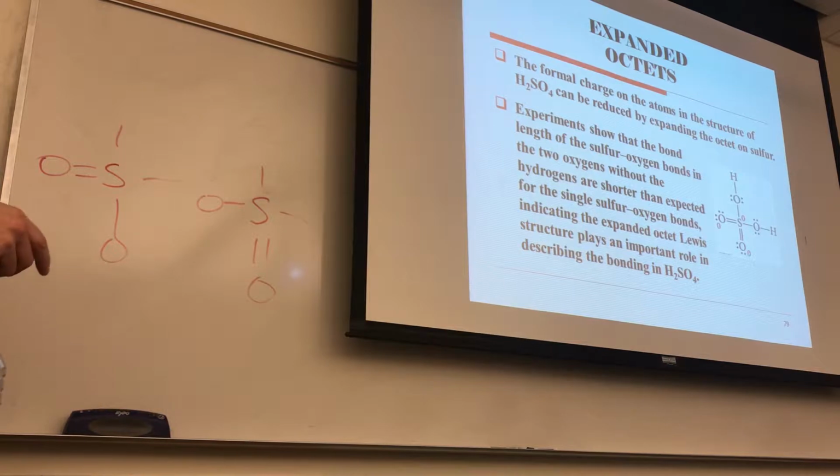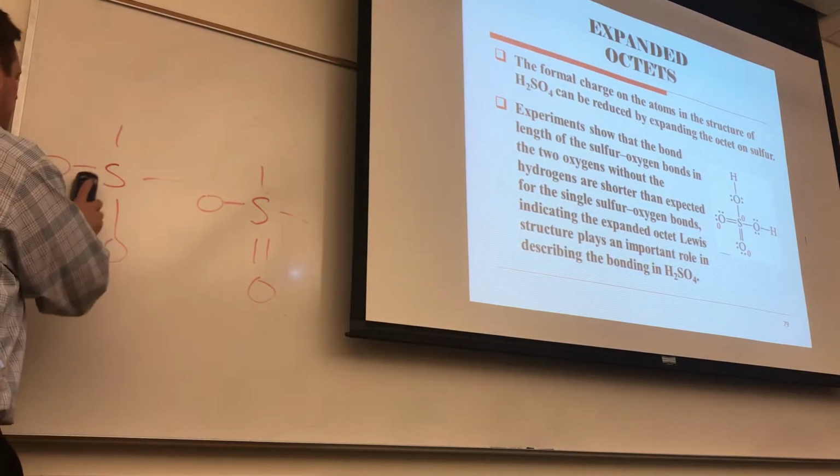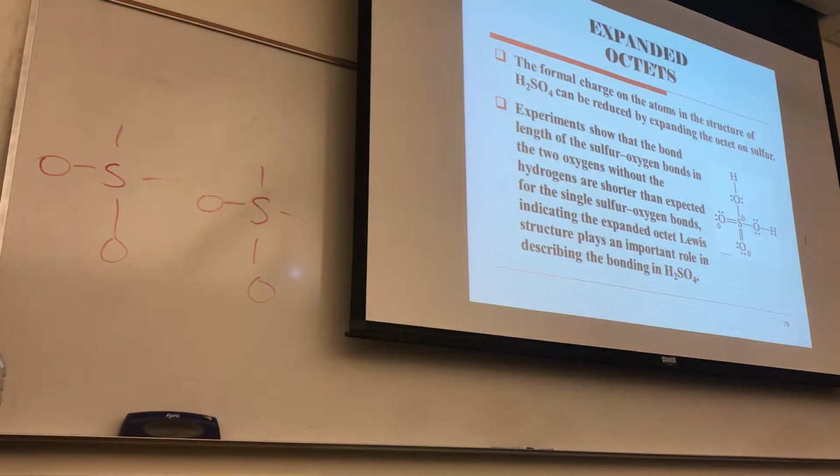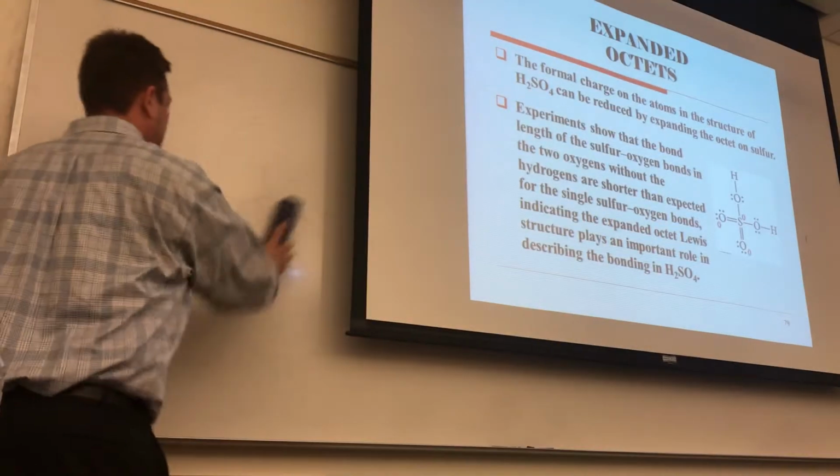Okay, that's all great in theory. The theory sounds solid and makes sense. Is it real? The argument is yes, because experiments have been done, and in the other structure, these would be single bonds, right? Everybody agree with that? So these are the same, so it would just be this structure here.